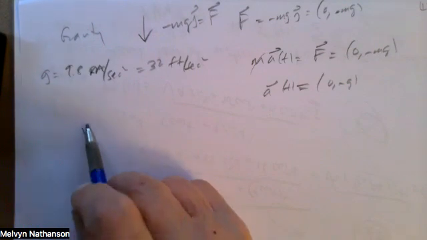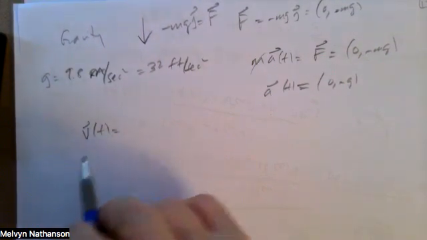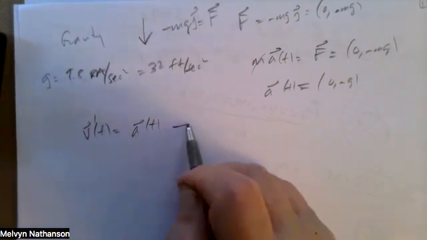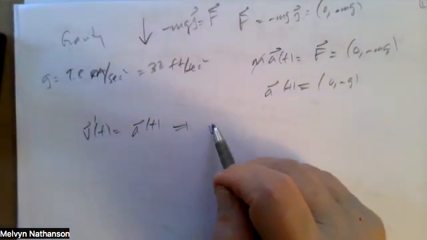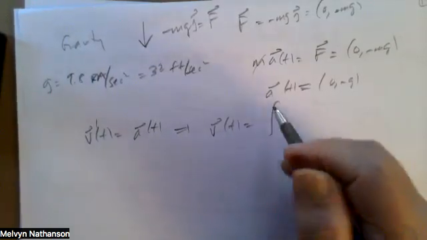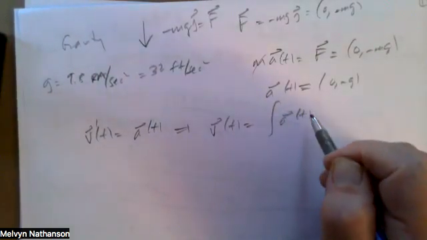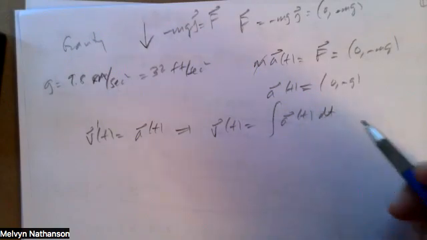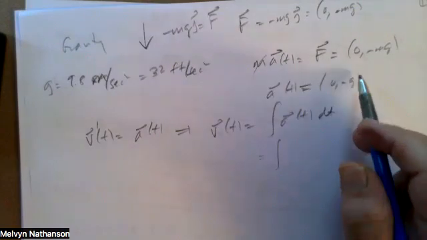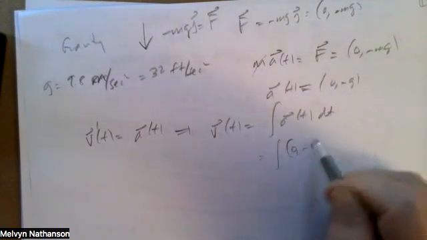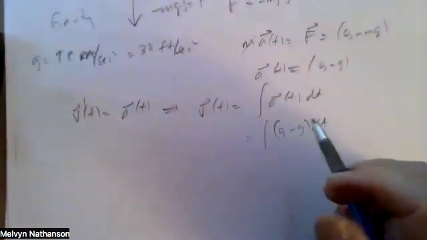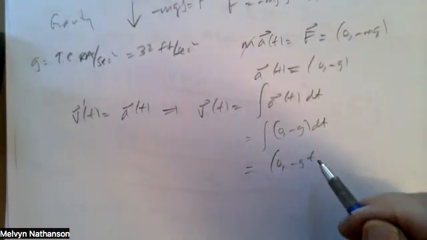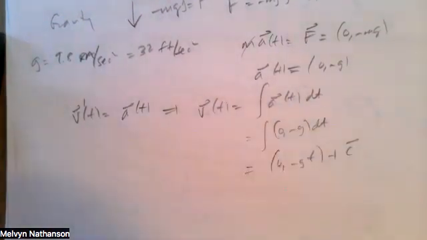So the derivative of the velocity is the acceleration, so the velocity is the integral of the acceleration, which is the integral of 0 minus g dt, which is 0 minus gt plus some constant.